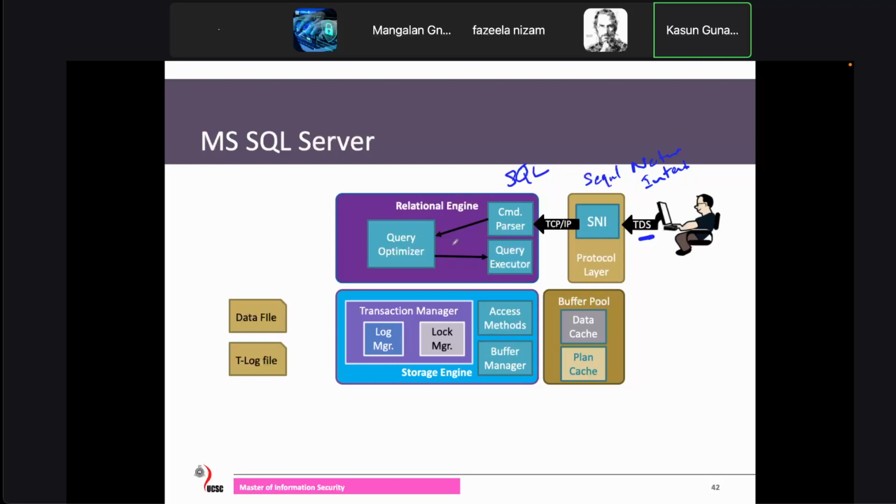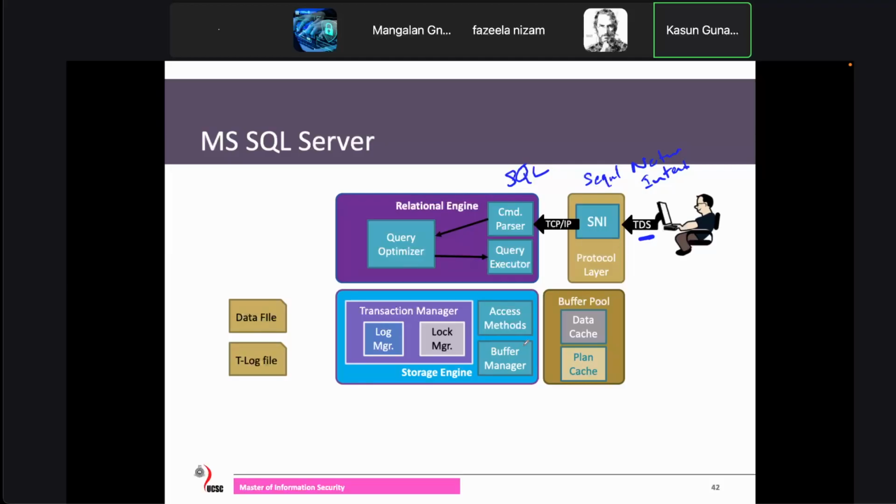To support this relational engine, there is another component called the storage engine. The storage engine's responsibility is facilitating the relational engine to execute the command, but here there are the transaction manager, access methods, and buffer manager, lots of other components as well.